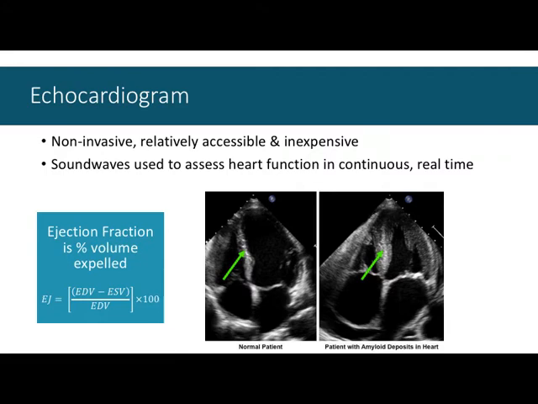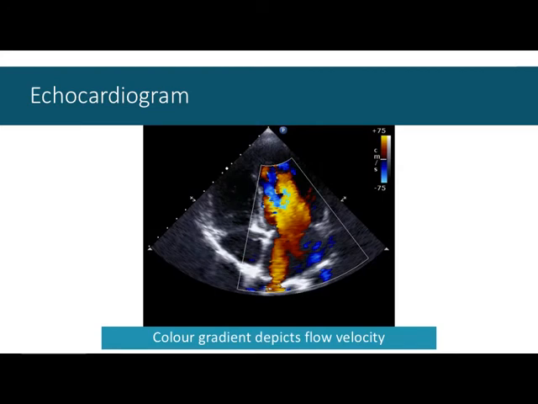These have even advanced further, where in real time they can show you flow. They can overlay a color gradient to indicate where flow is occurring. And not only where flow is occurring, but the direction in which flow is occurring.